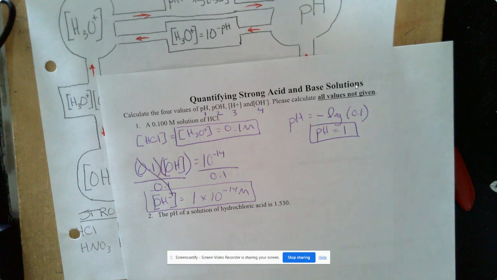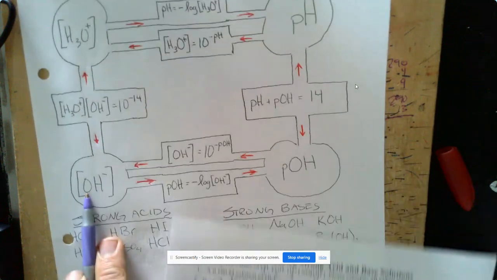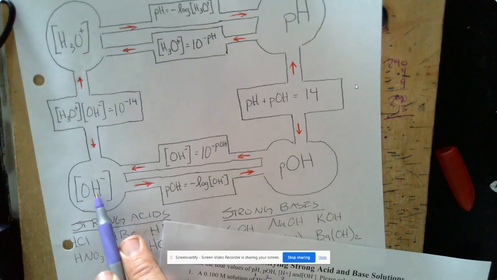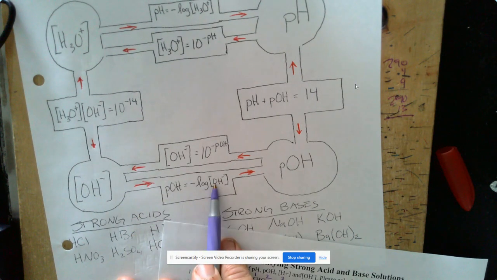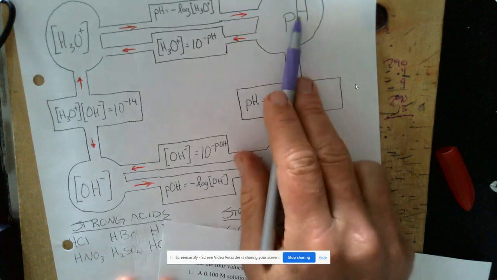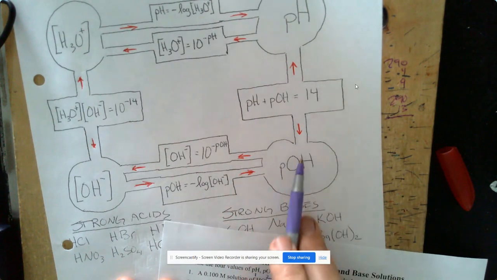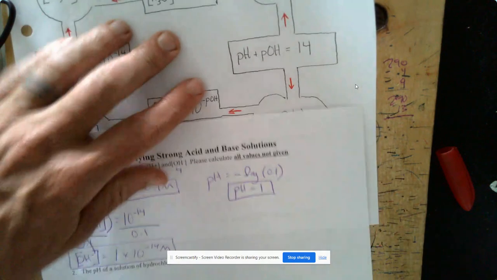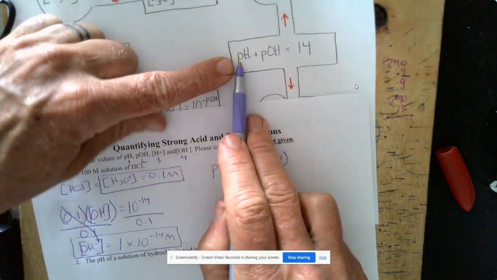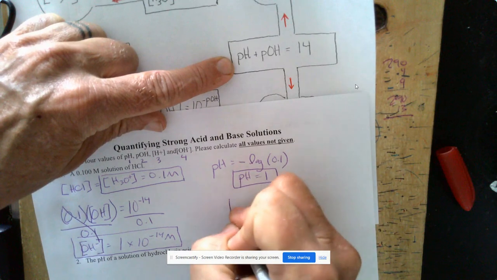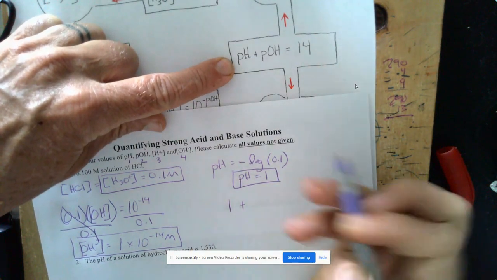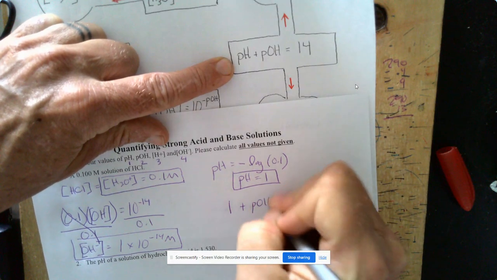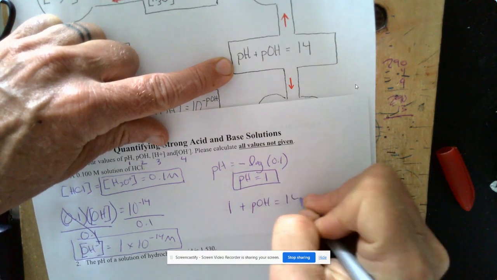Okay, sweet. Then we've got this. Now all we have to do is get this beauty right here. So we could either go from here and use this formula and go to this, or we can go from here and use this formula and go to this. I'm going to use this one because it looks nice. So the pH, which is 1, plus the pOH, which we don't know, is equal to 14.